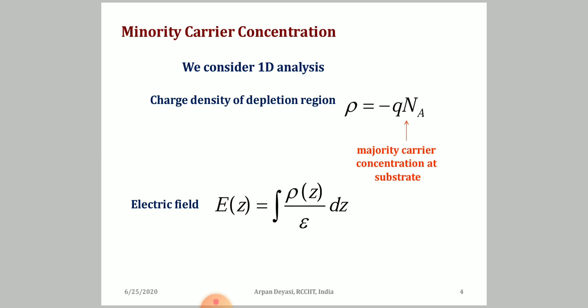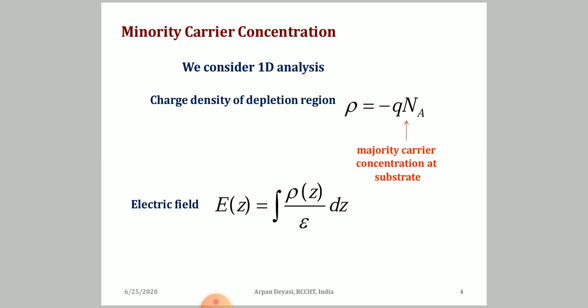Because you are considering the substrate is majority and you are calculating minority, so there will be a sign reversal. If you look at the QV characteristics derivation in my lecture 2, the same convention was adopted, that ND should be positive and NA should be negative. So I have adopted the same, and rho equals minus q NA.